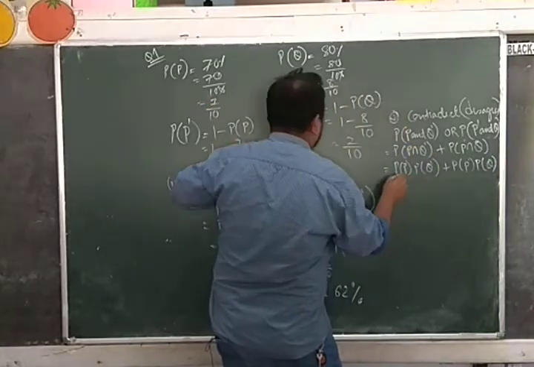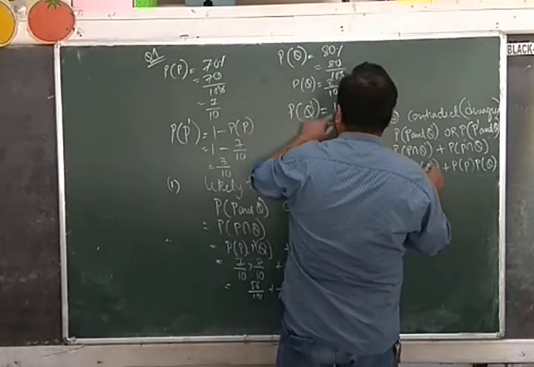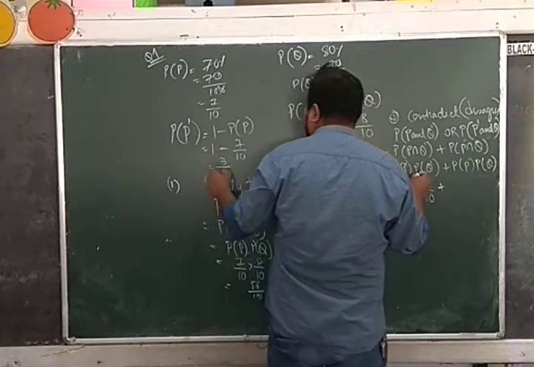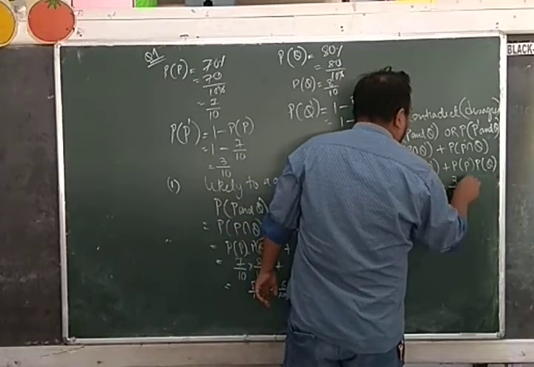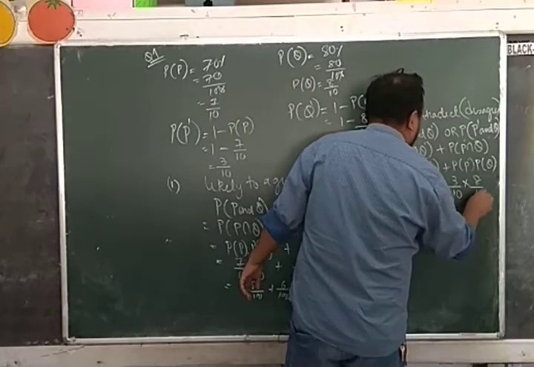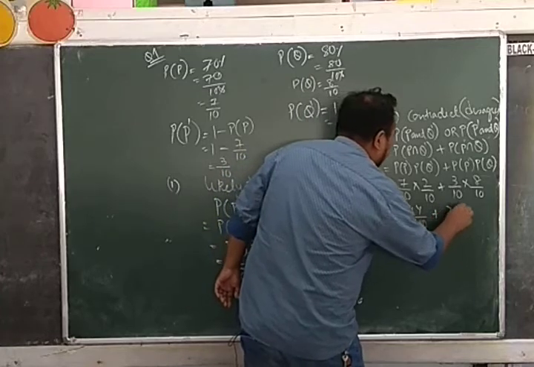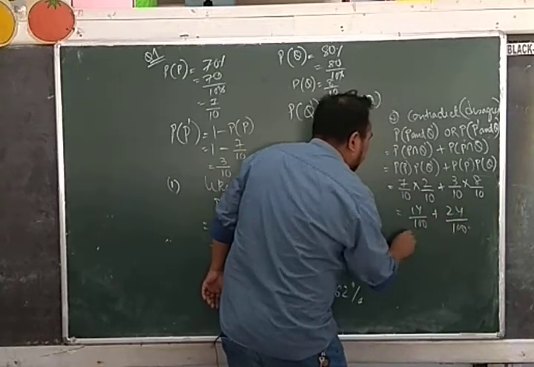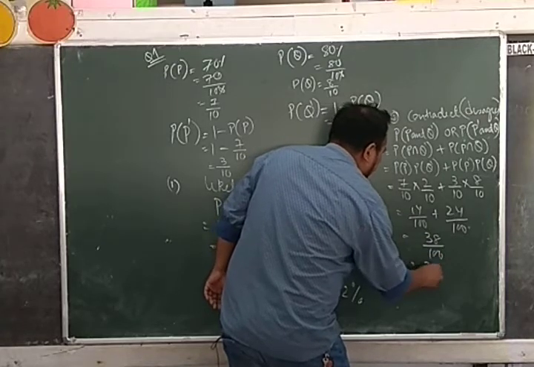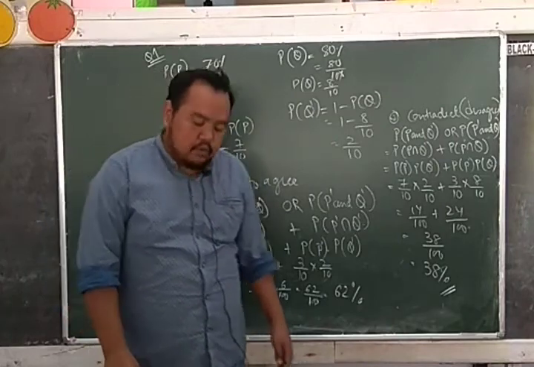What is probability of P? 7 by 10 into probability of Q dash, which is 2 by 10, plus probability of P dash, which is 3 by 10, into probability of Q, which is 8 by 10. So what do you get? 7 2s are 14 by 100 plus 8 3s are 24 by 100. So total, 38 by 100, equal to 38%. There is a 38% chance that they are going to contradict each other.